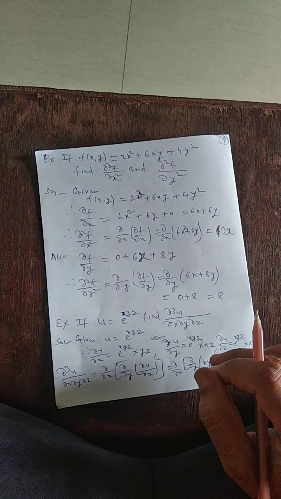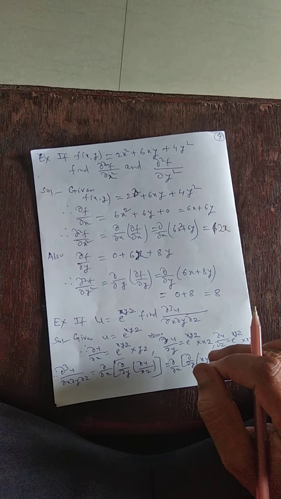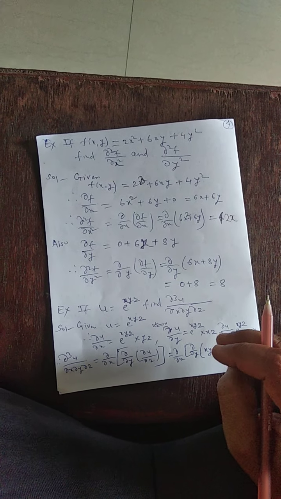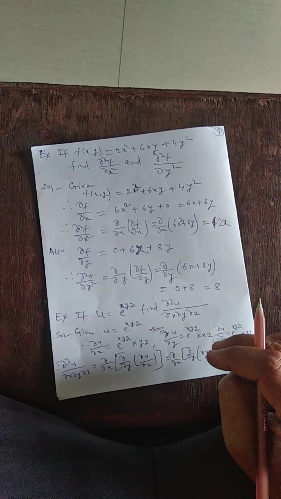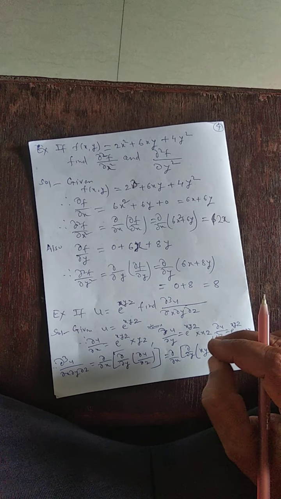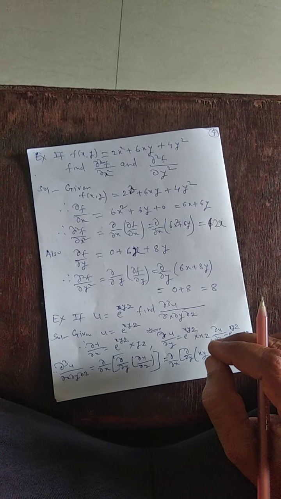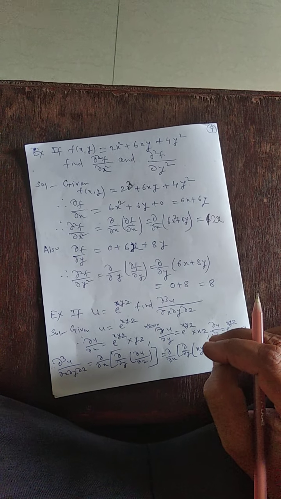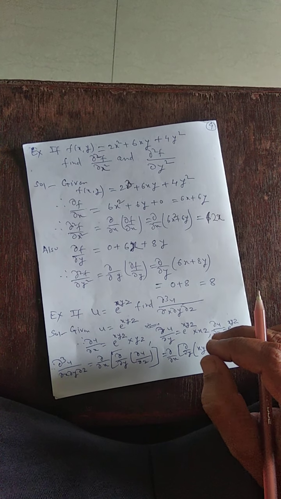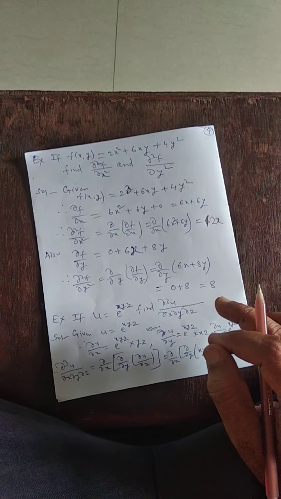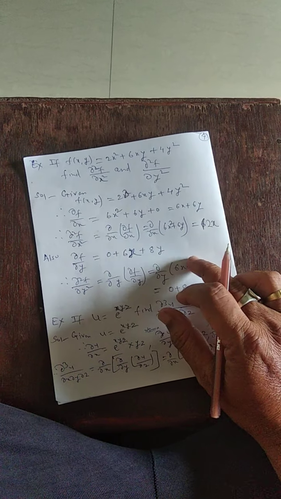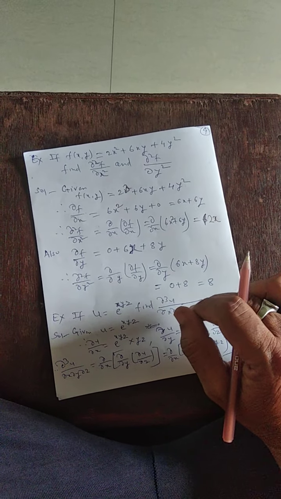If you are perfect in total derivative, then I suppose it is simpler, because here what matters is with respect to what you are differentiating, and other variables are treated as constant, and therefore this concept becomes very, very simple. You can take more examples on this and try to solve your own examples also.